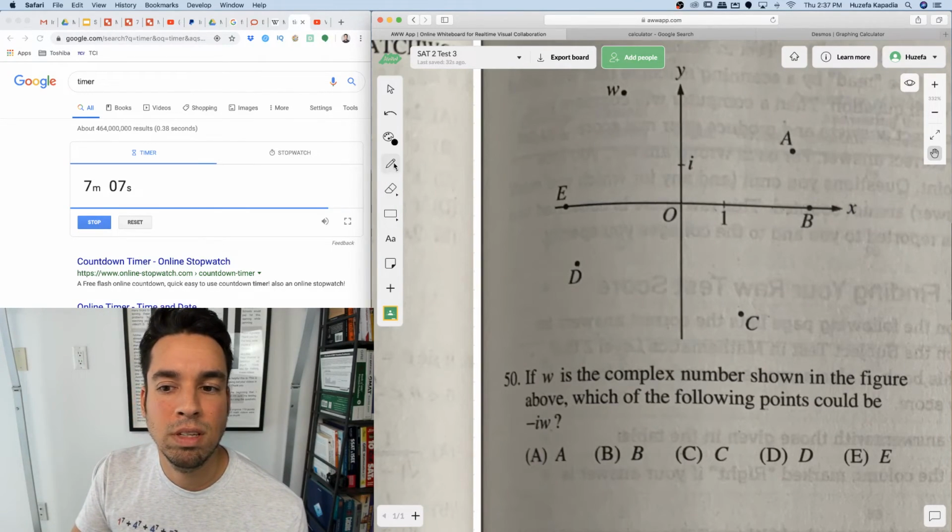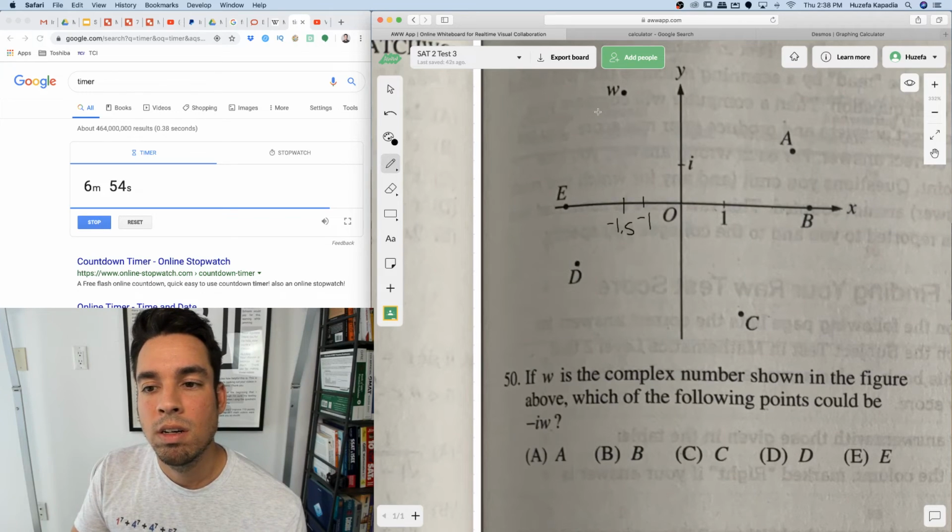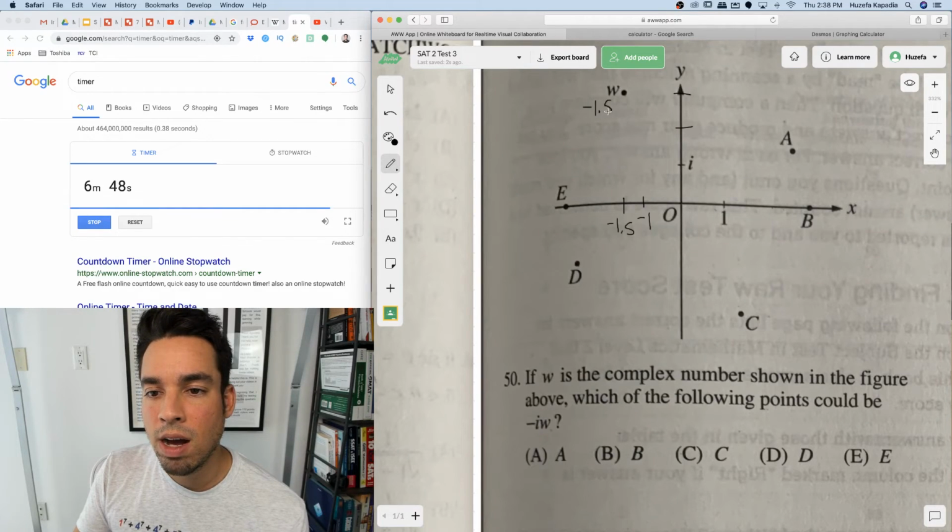Okay, so let's pretend, I'm just going to make this up. That's negative 1. This is negative, let's say 1.5. So W would be let's say 2i. Let's just make it 3i. Okay, make it simple. So this is negative 1.5 plus 3i.